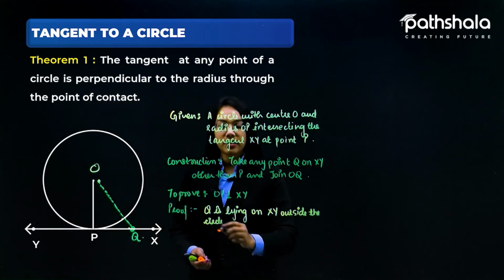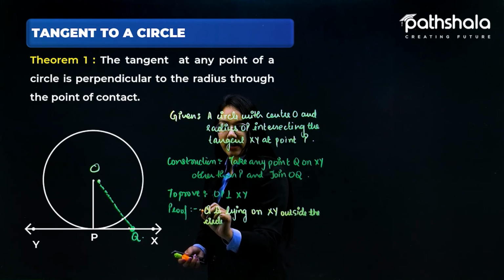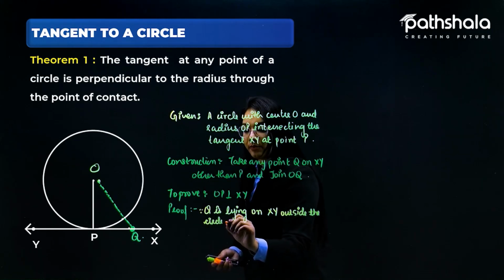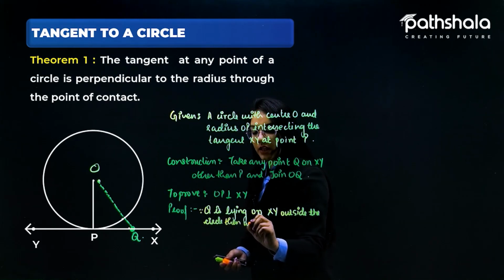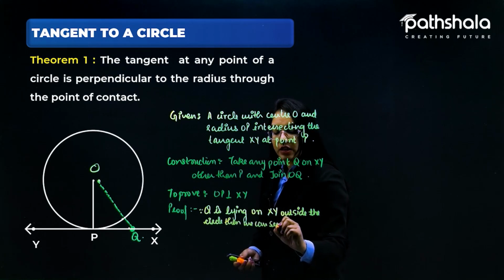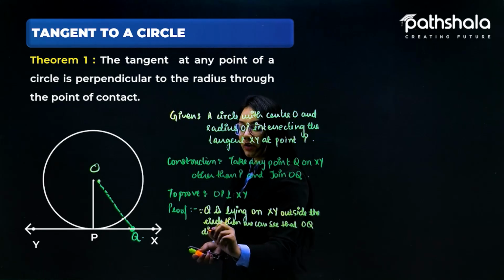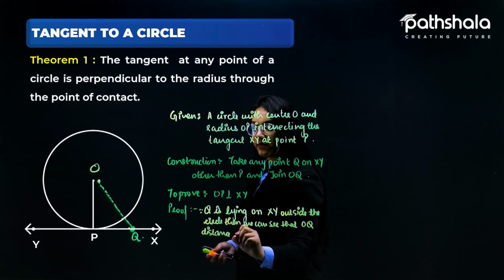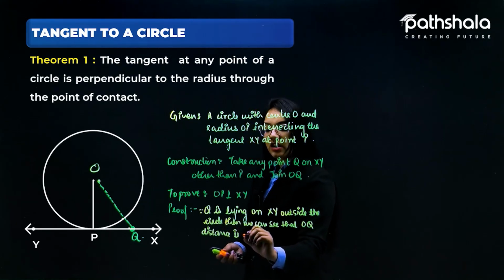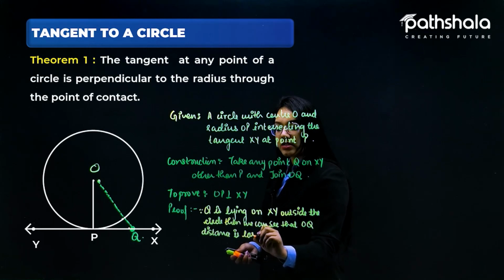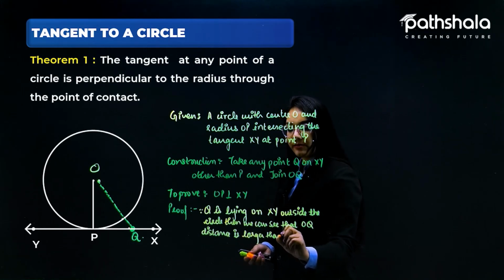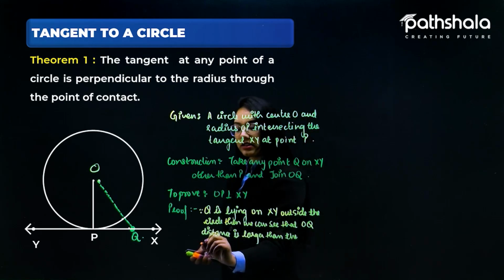So we can say, since Q is lying on XY outside the circle, the distance OQ is larger than the radius.